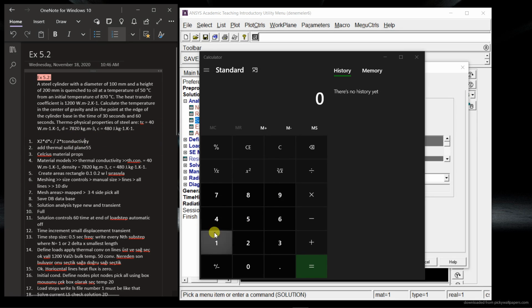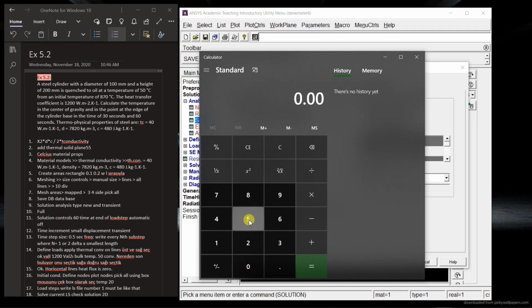So let's look at here. So what is your smallest length? This is important, but I chose 0.005. So I'm going to take here the square of this one, times density, and then the specific heat, this one.